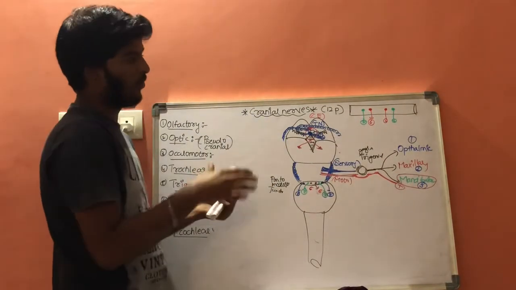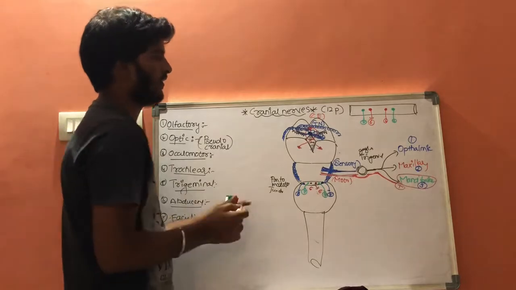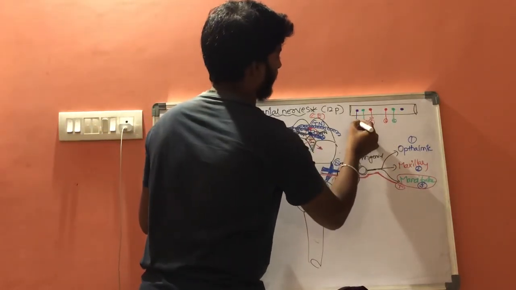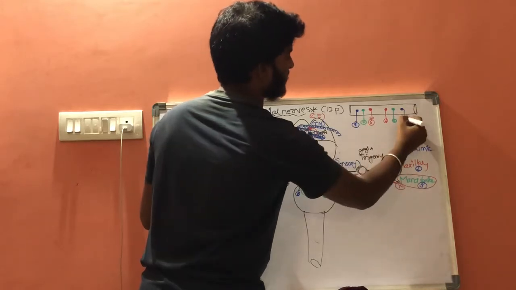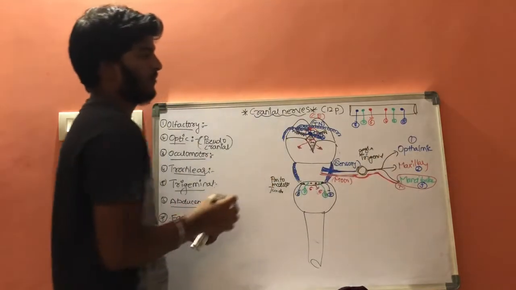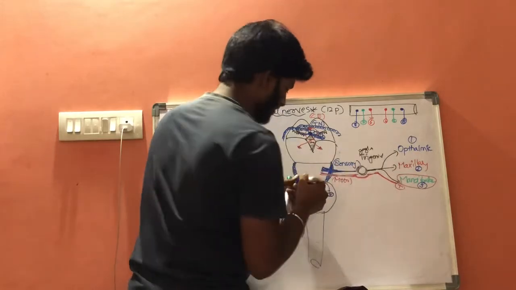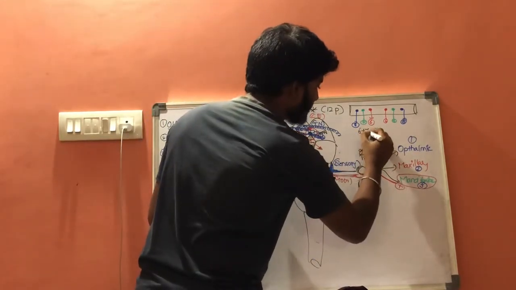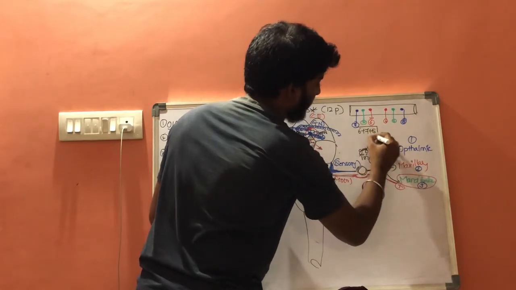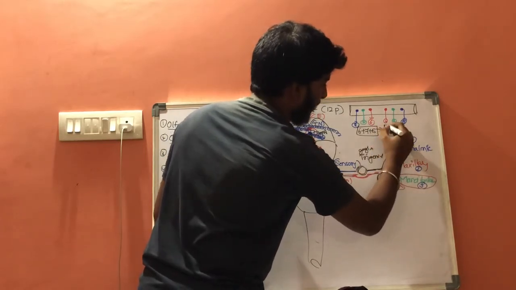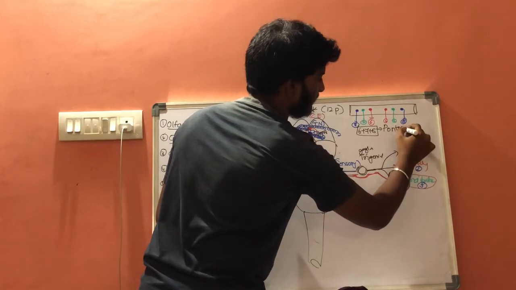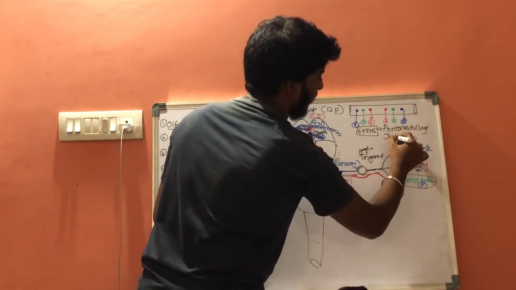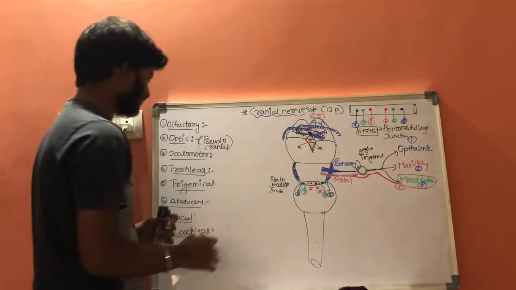Now going more lateral to it, the eighth cranial nerve arises. So these three cranial nerves, sixth, seventh and eighth, arise from the pontomedullary junction.